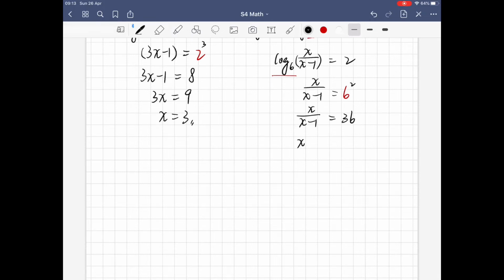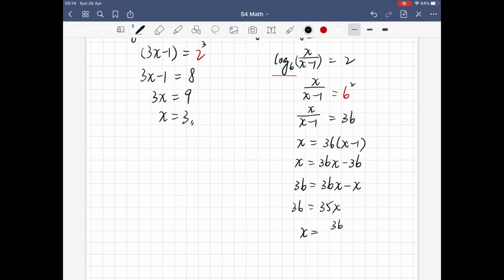Afterwards, we can multiply the x minus 1 to the right hand side, and it will become x equals 36x minus 36. For the next step, we put all the numbers together, and at the same time all the x terms together, so that it will become 36 equals 36x minus x. And finally, x equals 36 over 35.